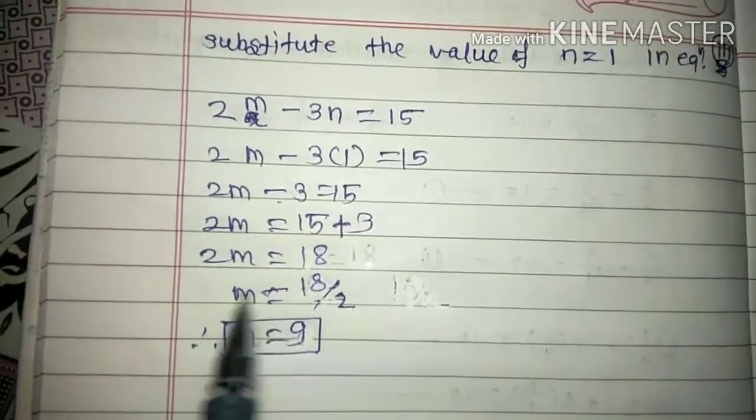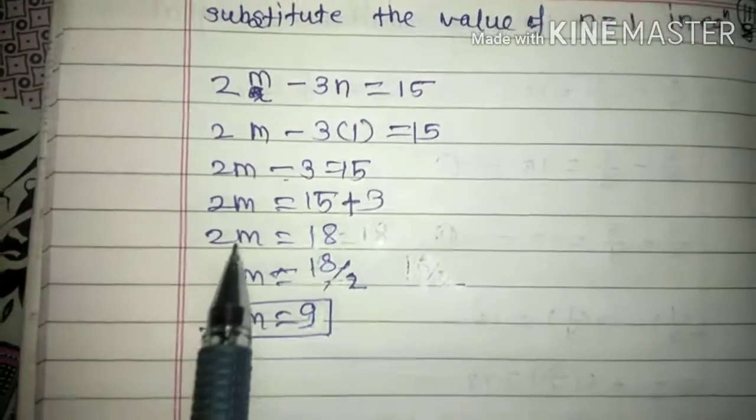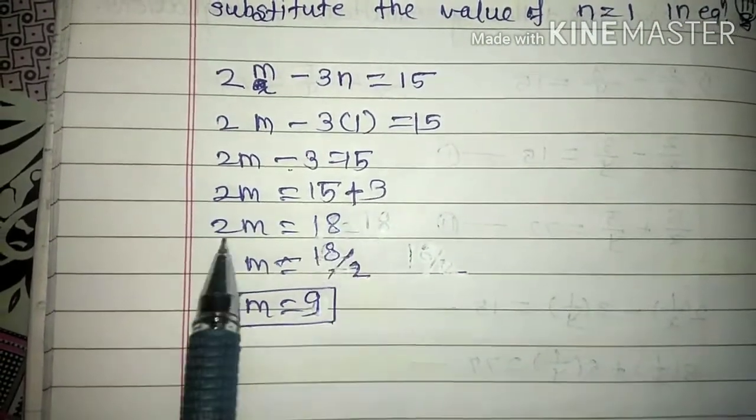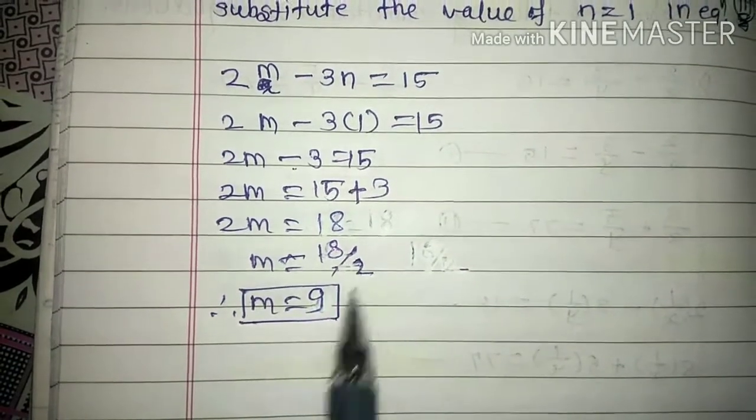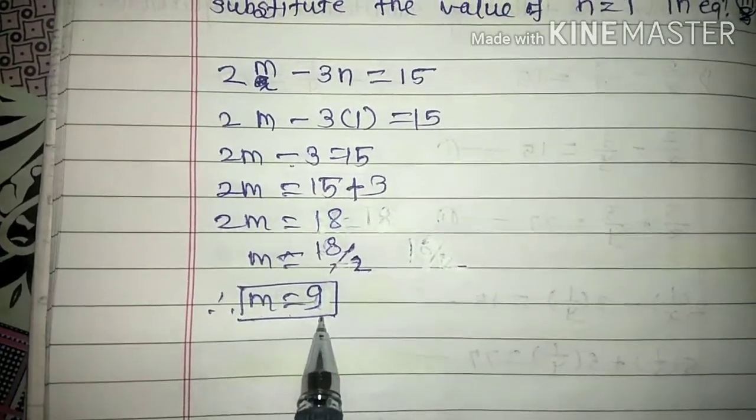Now listen here, 2m is equal to 15 plus 3, 2m is equal to 18, m is equal to 18 upon 2, and m is equal to 9.